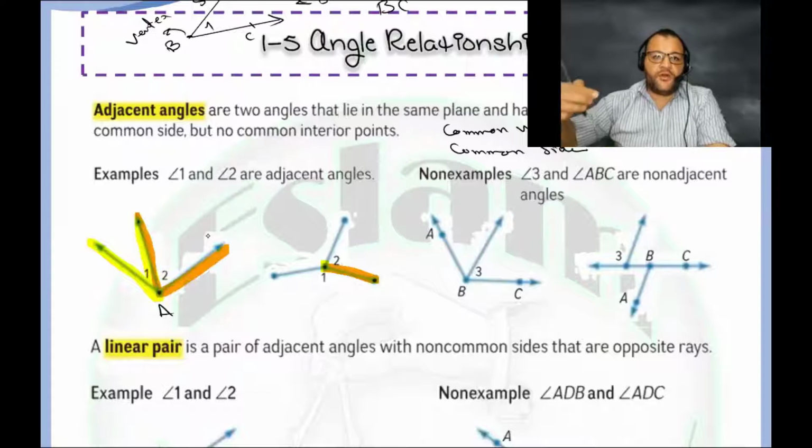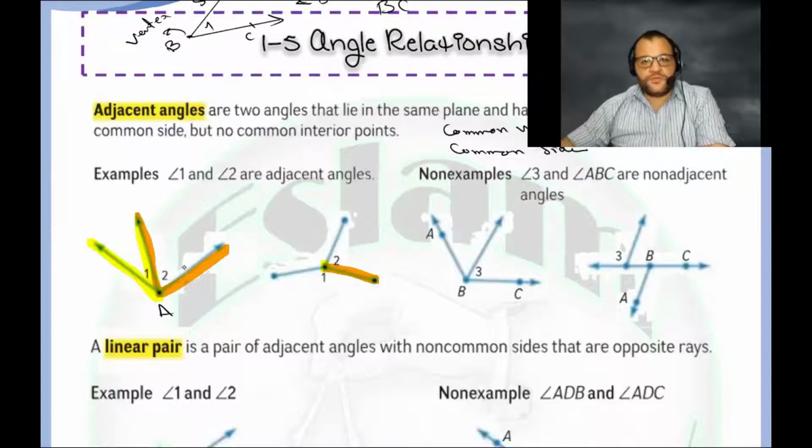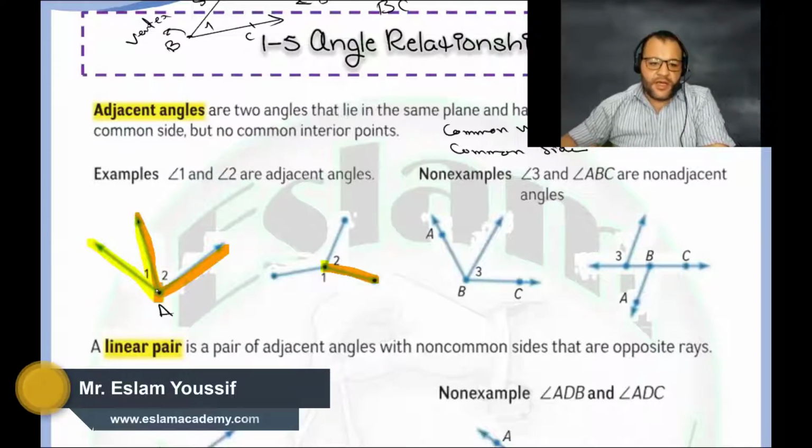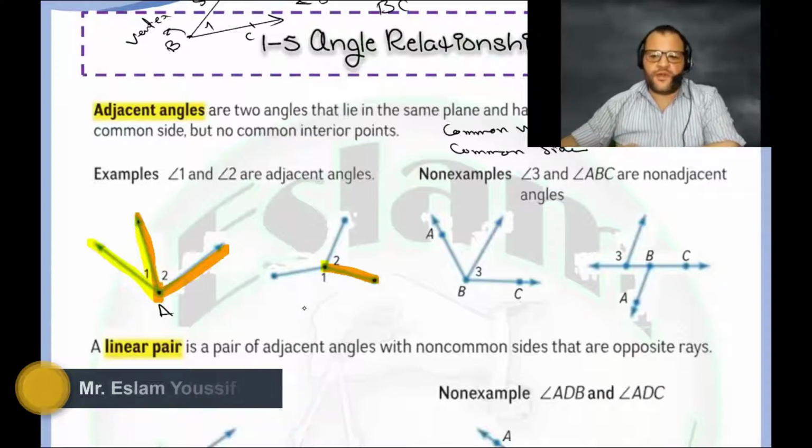Is either of them a part of the other? Is angle 1 part of angle 2? No. Is angle 2 part of angle 1? No, they are not part of each other. So they have a common vertex and a common side between them, and neither of them is a part of the other.